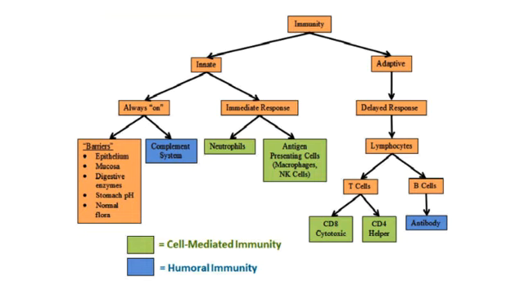The delayed response, which is the adaptive immune system, consists of lymphocytes and their activities, for example, the T cells and B cells, which consist of CD8 cytotoxic T cells, CD4 helper cells, and antibodies secreted by the plasma cells or the B cells.